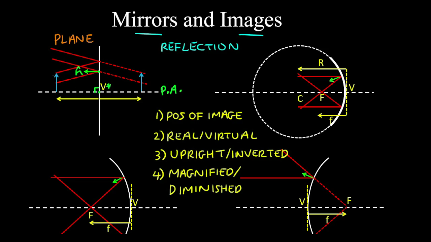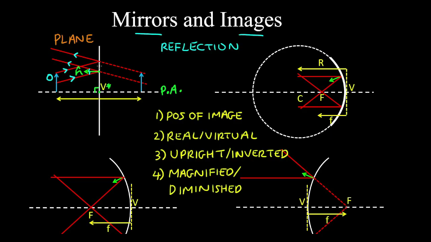Now if we consider this to be an object, and incident light rays emanate from this object and hit the mirror, then by the law of reflection, the incident angle to the normal is equal to the reflected angle. So the reflected ray looks like this. And if we look at this other incident ray, then it gets reflected in a similar manner. So these two reflected rays are parallel.